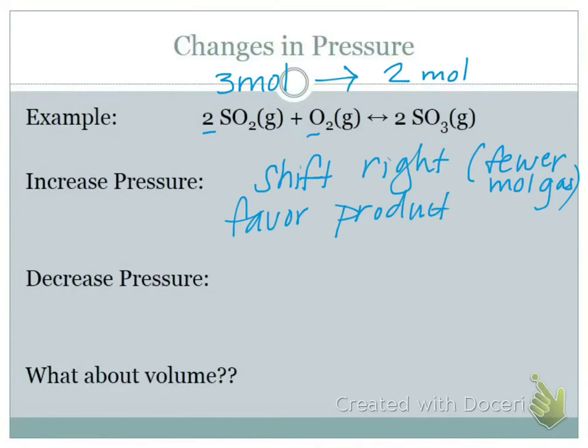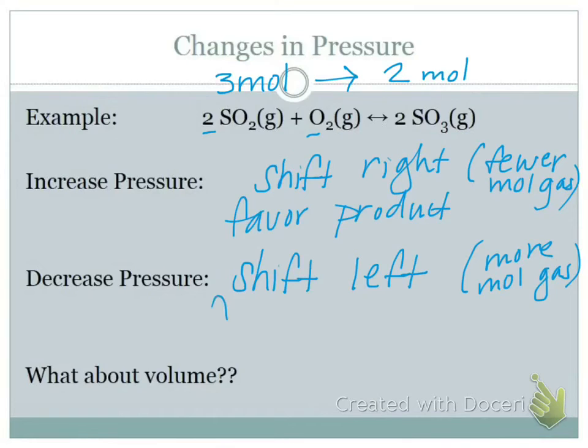What happens if I decrease the pressure? If I decrease the pressure, it would shift to the left because it shifts to the side with more moles of gas. That side had more moles, so that means I would favor my reactants.